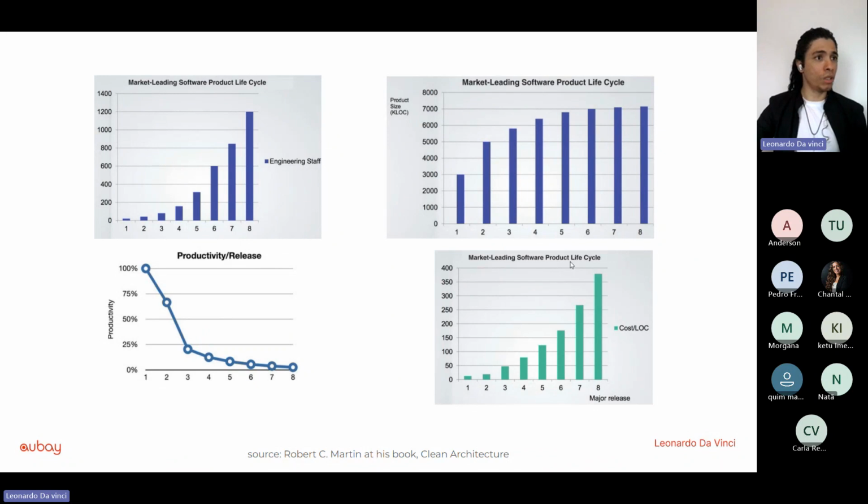If you see the cost of the product, it becomes ridiculous, right? Of course, the person working alone or with very few people, the productivity was maximum, so it was really cheap to push new cycles of the software. But as the years went by, it became very, very expensive.